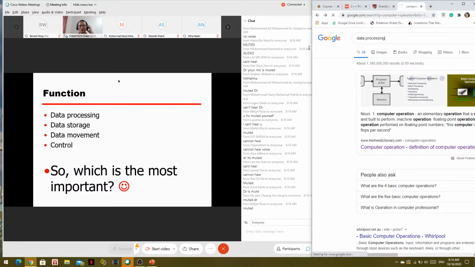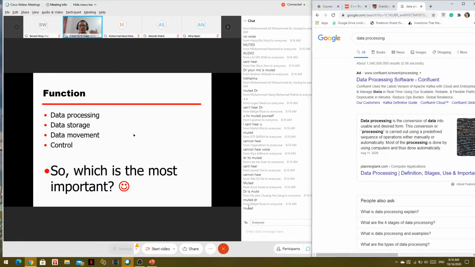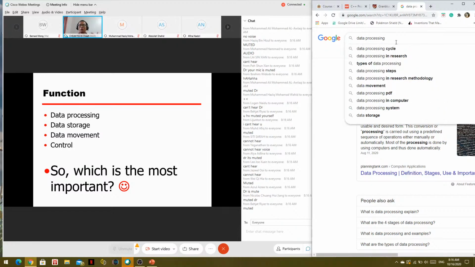Oh, sorry, forgot. So the question now is which is the most important? From a lot of the responses in your chat, I would assume that many of you think that the control is the most important. Why is this so?